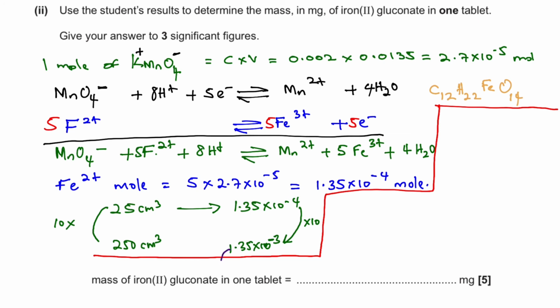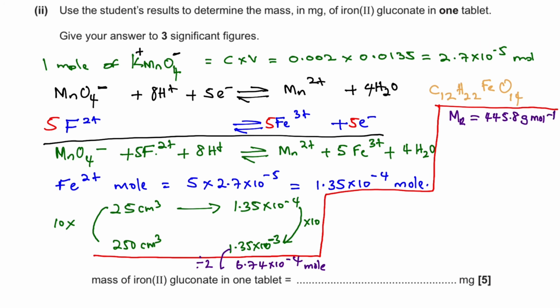So if I divide it by 2, we get 6.74 times 10 to the power minus 4 mole. That's the number of moles in 1 tablet. If that's the number of moles in 1 tablet, we need to work out the relative molecular mass for the compound here, and that turned out to be 5.8 grams per mole.